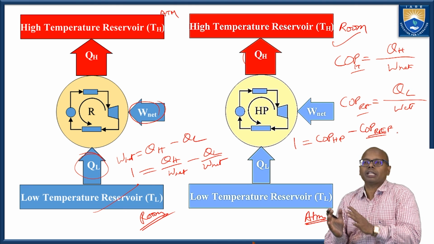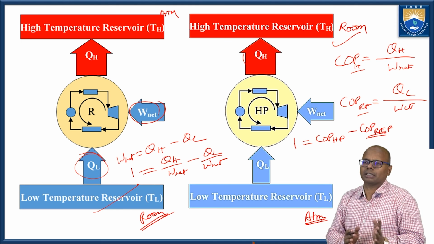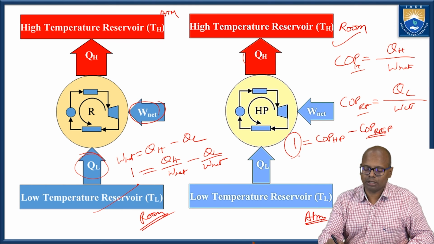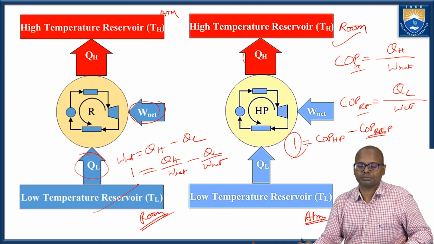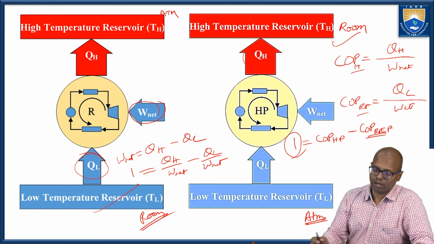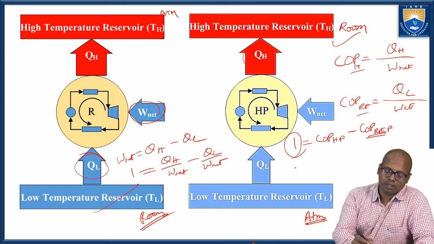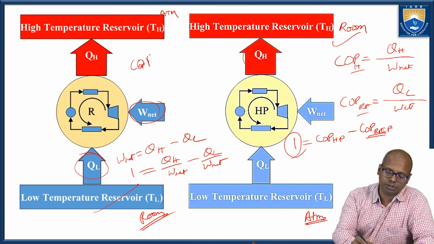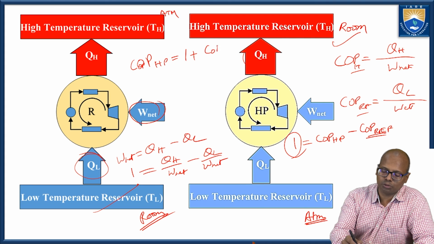So the difference of the coefficients of performance gives me a value of 1. Or I can say that COP of heat pump is equal to 1 plus COP of refrigerator.